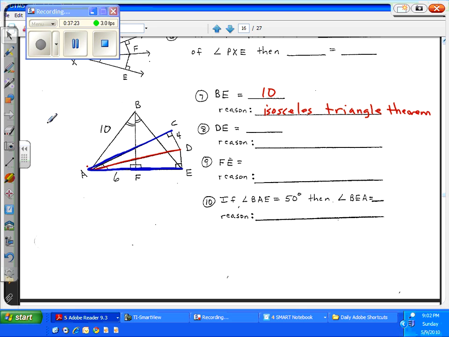We've got an angle bisector. D is the point that lies on an angle bisector. A point that lies on the bisector of an angle is, remember that theorem?